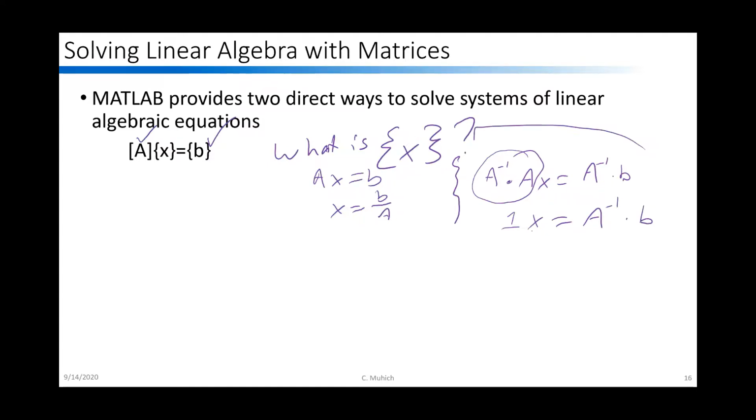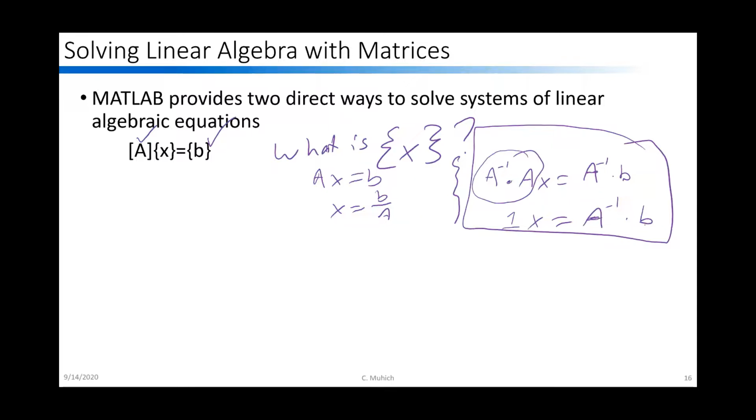So in this way of solving this math problem, I only rely on multiplication because I have some number multiplied by another number, which equals 1. That leaves me with x equals that inverse number times b.